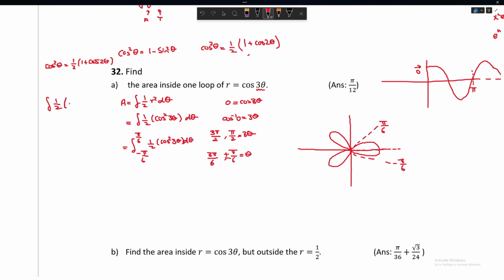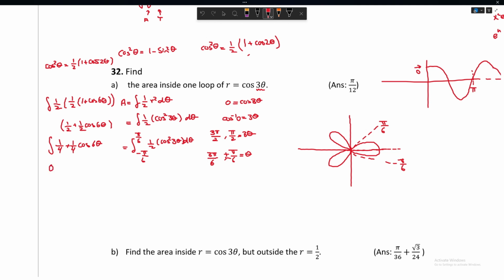So when I plug it in, I'll get 1/2 times 1 plus cos 6 theta. Multiplying the half in, I will get 1/2 plus 1/2 cos 6 theta. Now as I have this 1/2 on the outside, multiply it in again, I will get 1 over 4 plus 1 over 4 cos 6 theta in my integral.